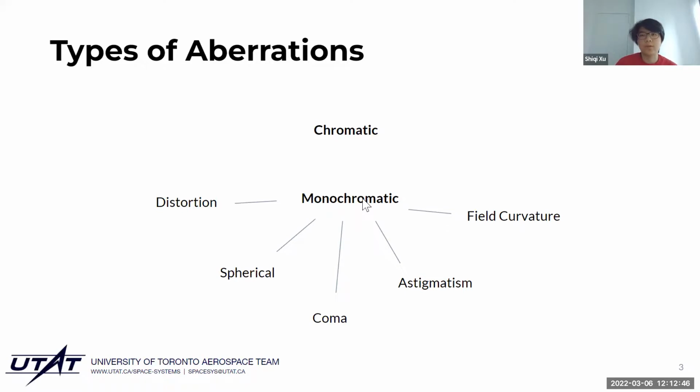You can have a light source in a fairly narrow region surrounding a wavelength, and these will happen. Okay, so chromatic is its own thing. Chromatic is when different wavelengths behave differently, and these ones are more geometrical, right? Geometric, yeah. Right, okay.